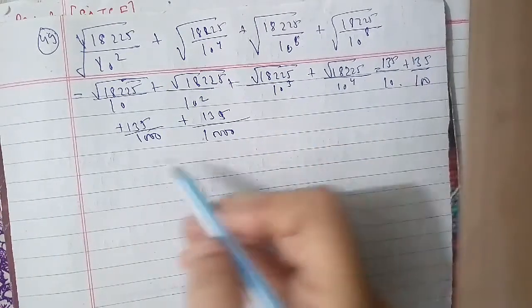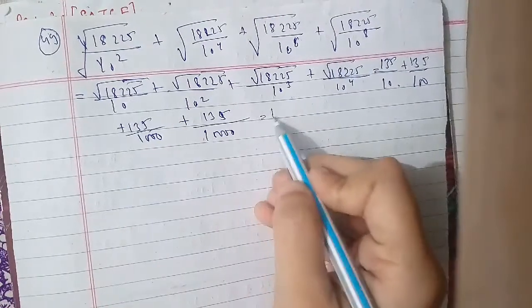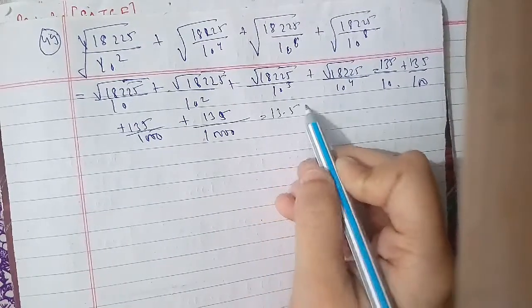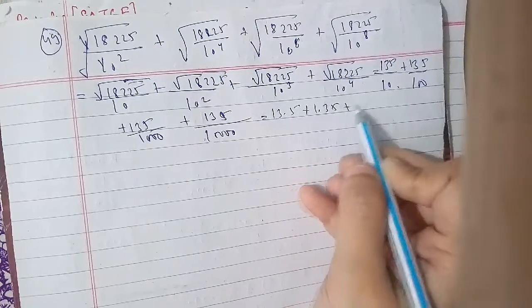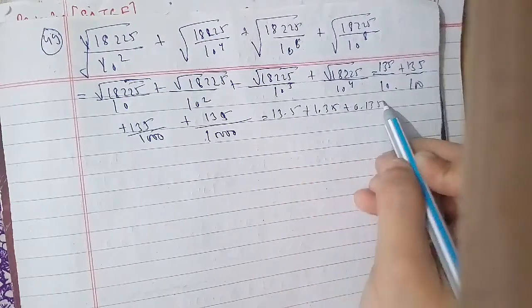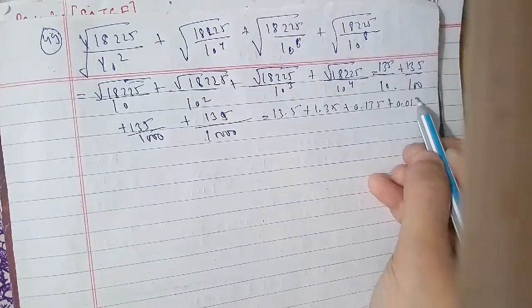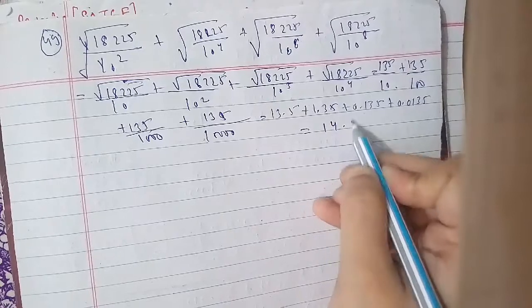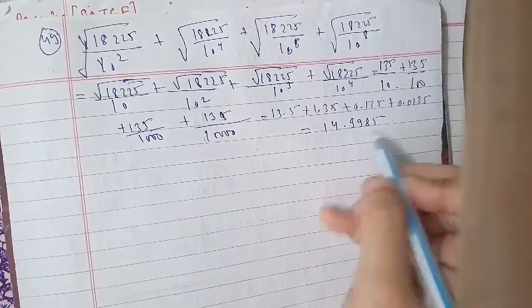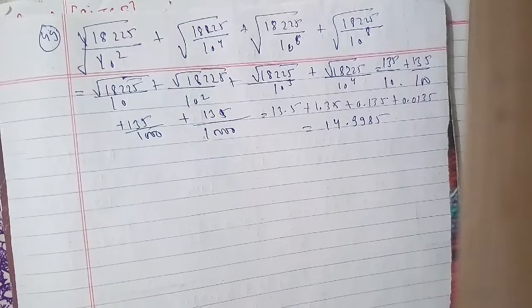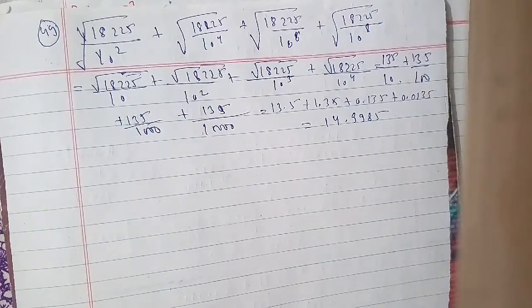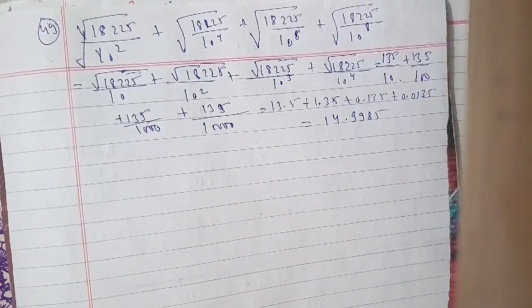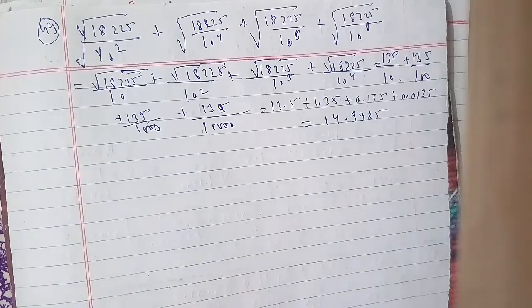So yes, for that we'll go ahead. Given that under root 1.30 plus under root 1300 plus under root 0.0130 is equals to under root 130 upon 100 plus under root 13 into 100 plus under root 130 upon 1000.